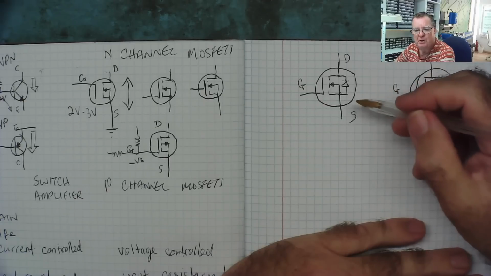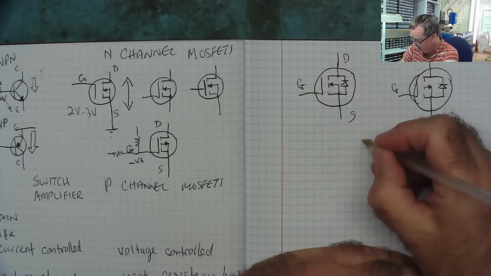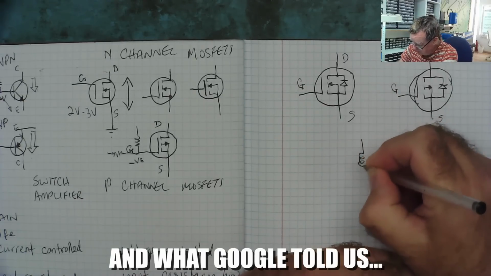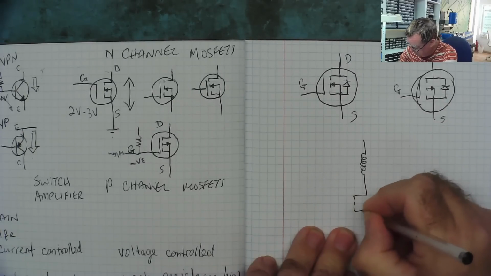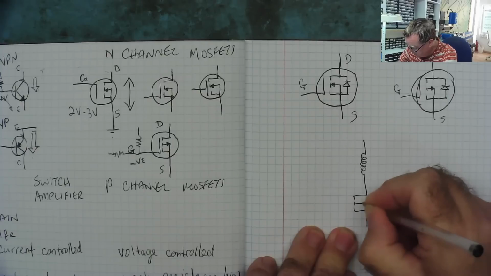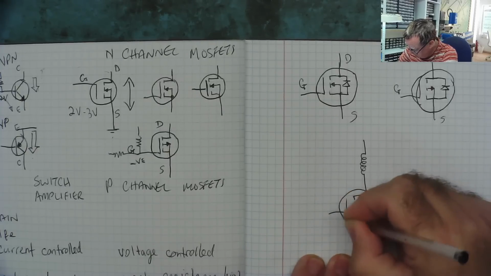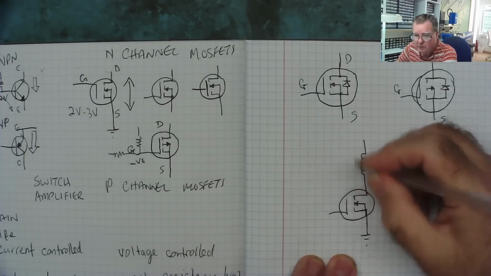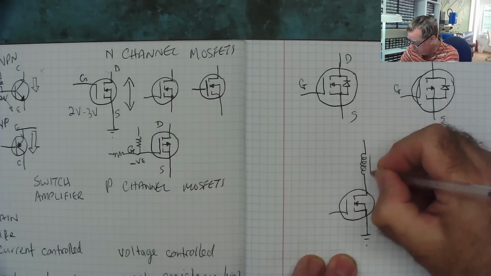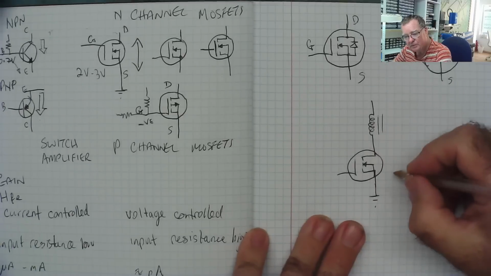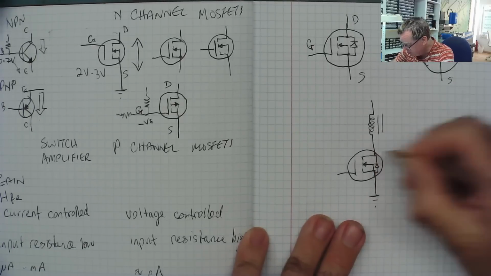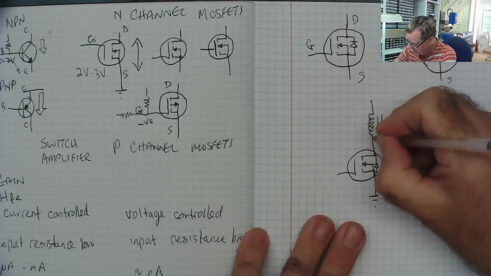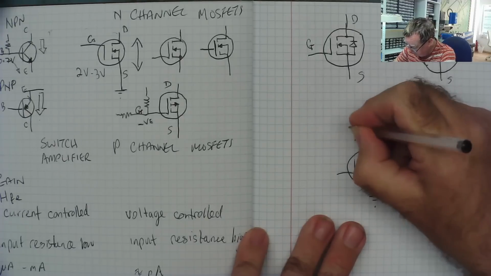But if you look at the circuit for what you were thinking, okay, you were thinking of something like this. Ground, gate, inductor coil. The diode, if you think about it, which is in here, is actually in the wrong place. The diode you were thinking about actually goes here.